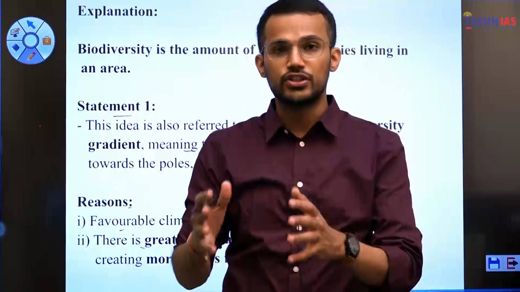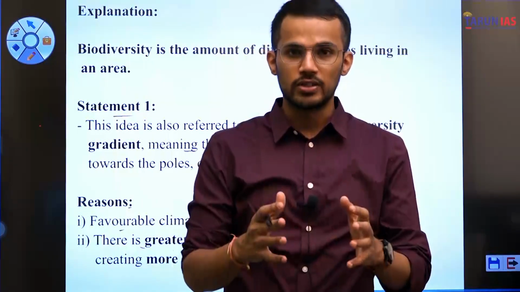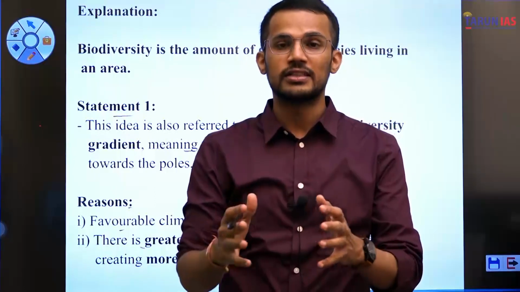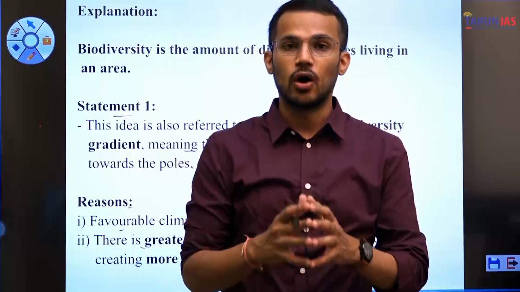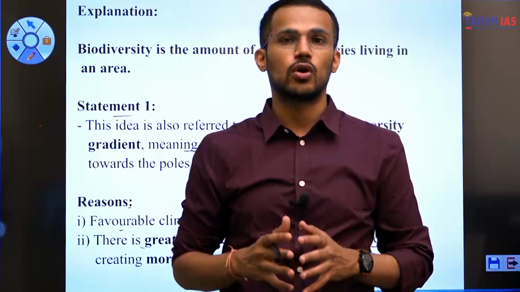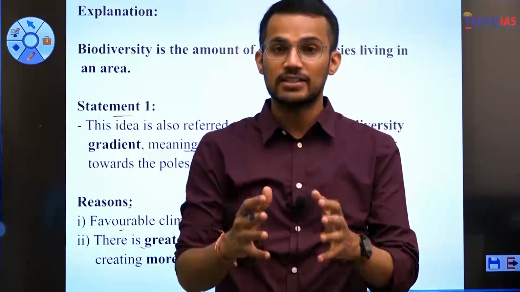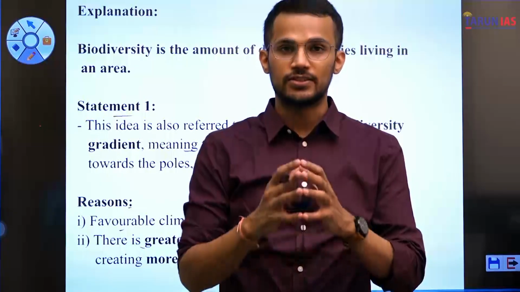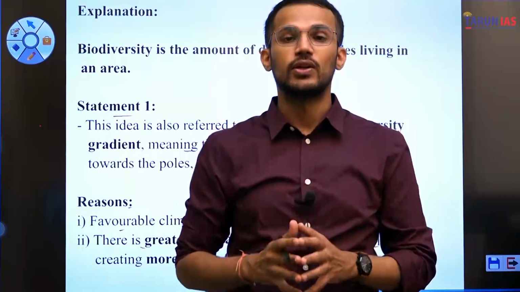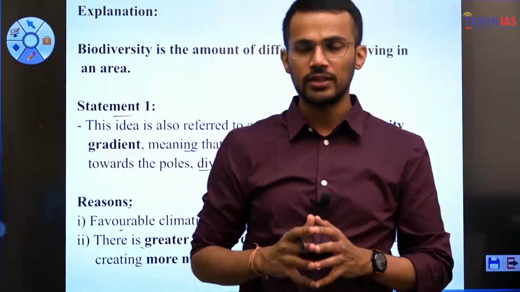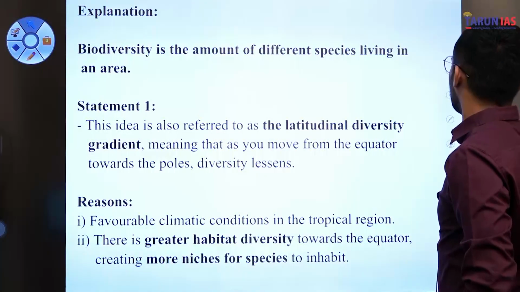And the more the niche diversity, the more the biodiversity, because a niche determines the functional role as well as the position of different species of organisms. As this niche diversity is more, we can safely say that biodiversity will also be more, right?